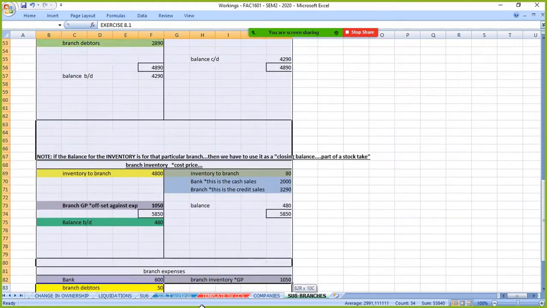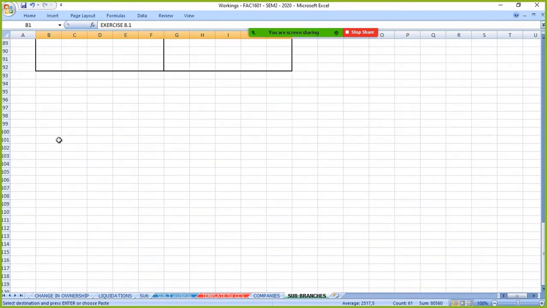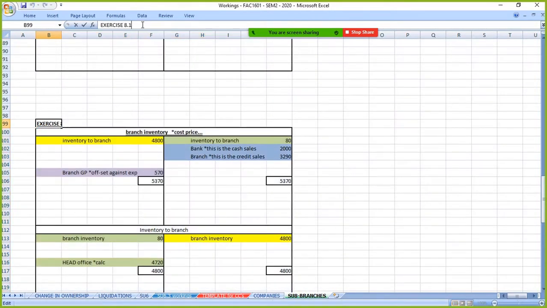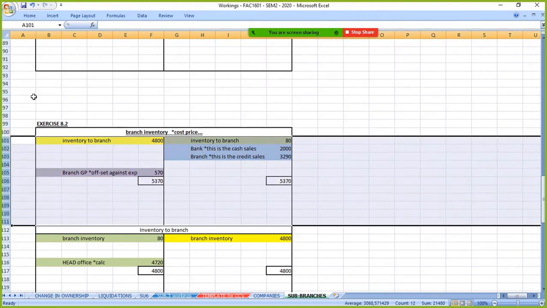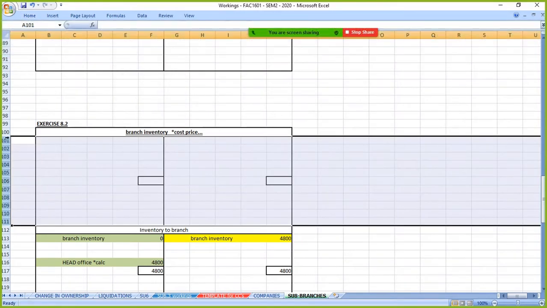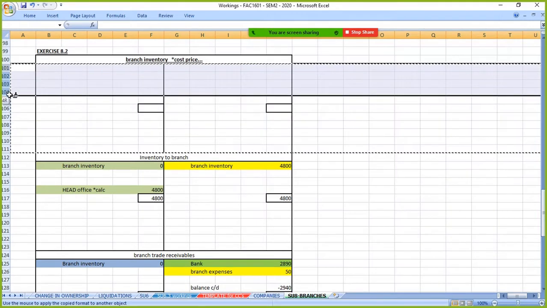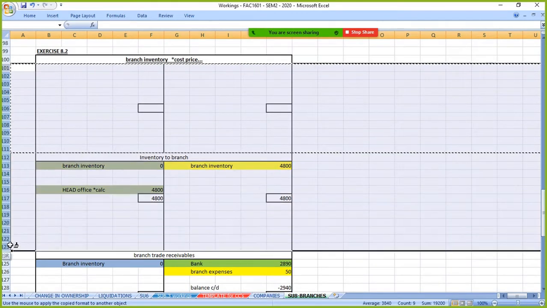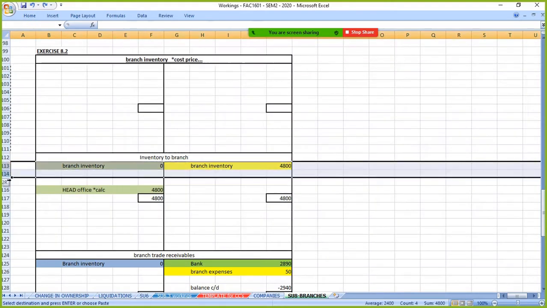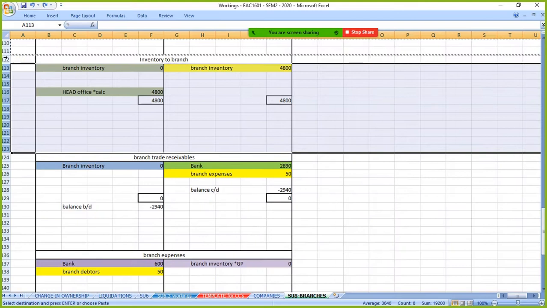Copy paste all of these tier counts. Okay, 8.2. Okay, let's just do this.